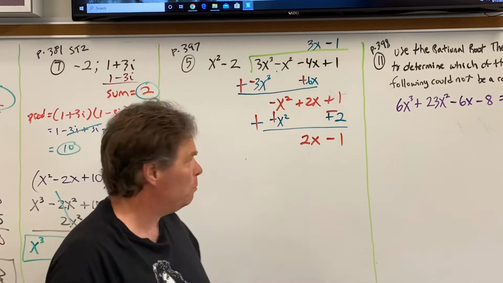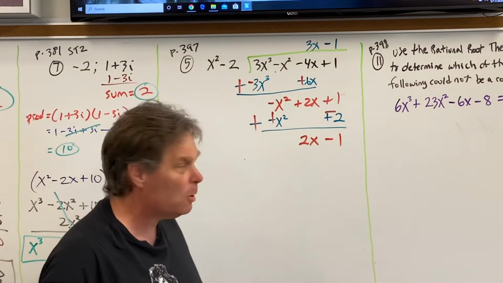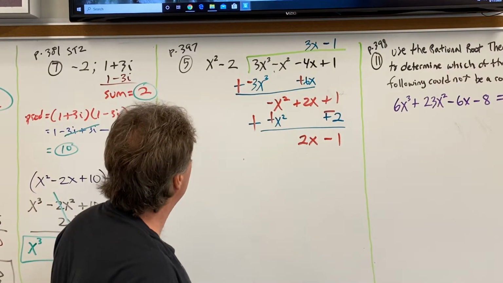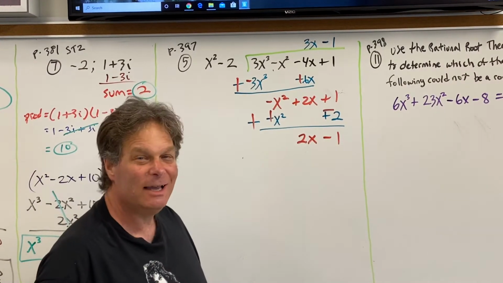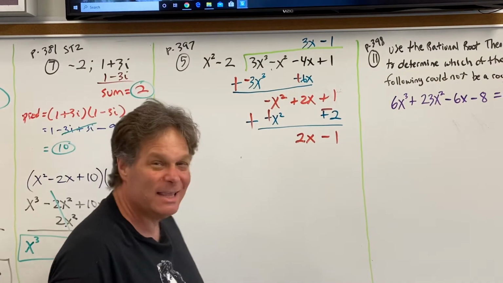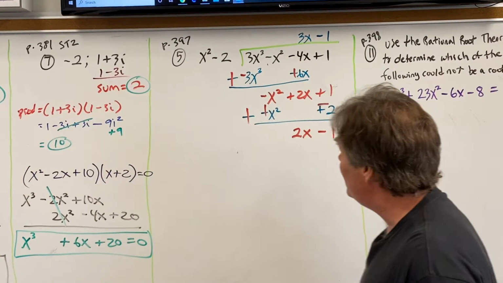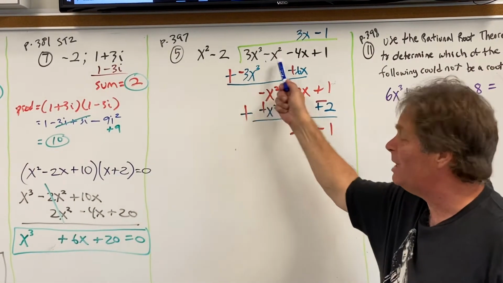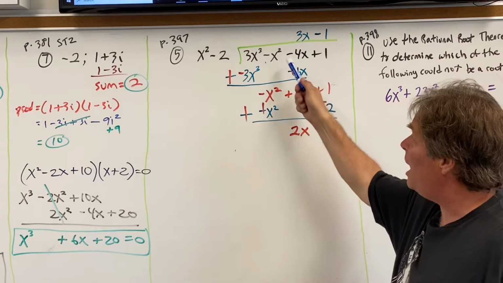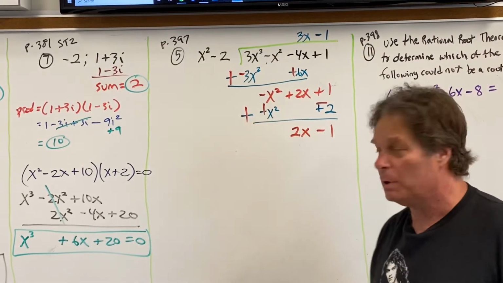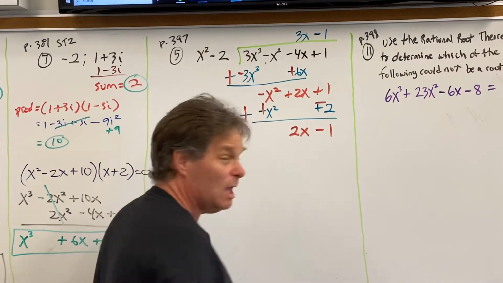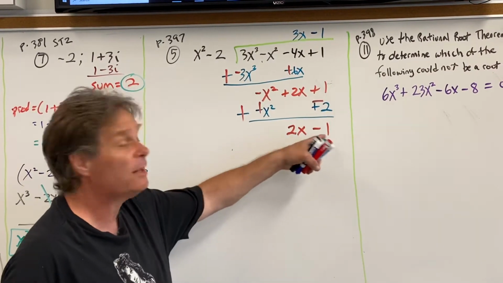I thought my remainder was supposed to be 0. Where did I mess up? The answer is I didn't mess up. The answer does not have to be 0 because they did not tell me that this goes evenly into this. They said find what this divided by this is with long division, right? So this one doesn't go evenly. In fact, there is a remainder.